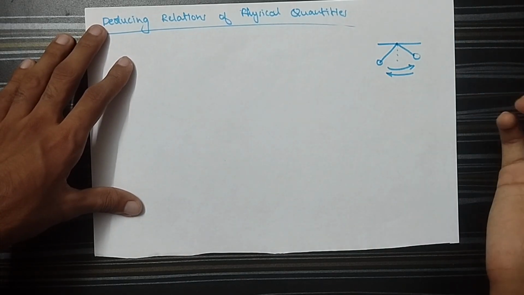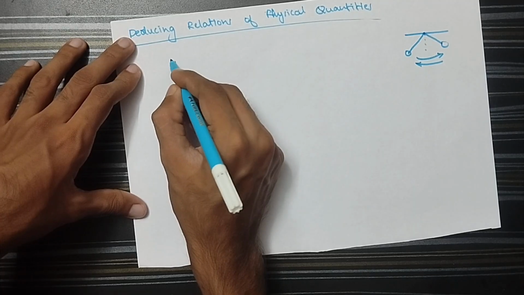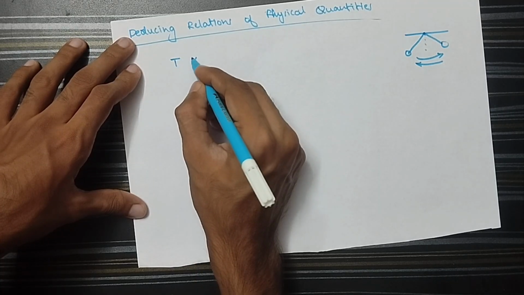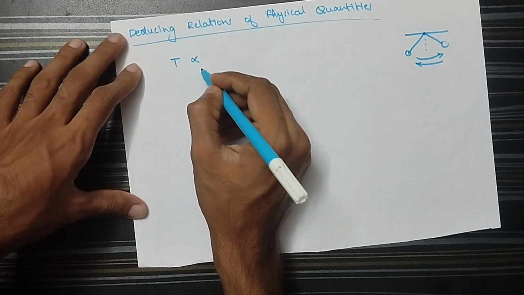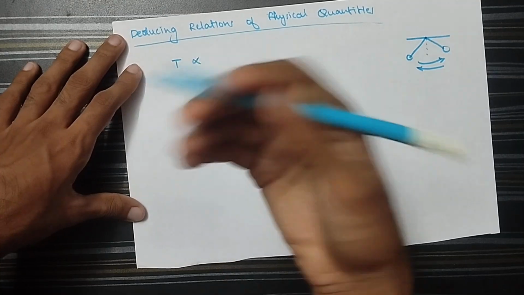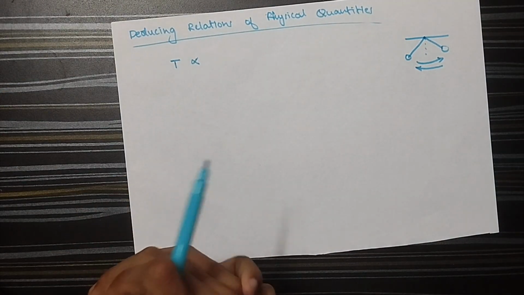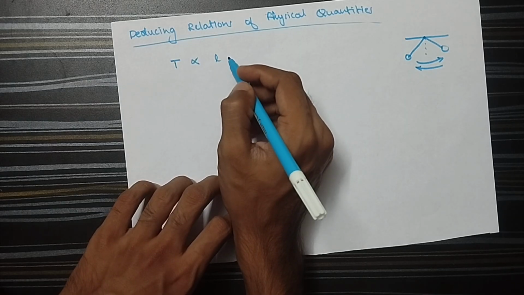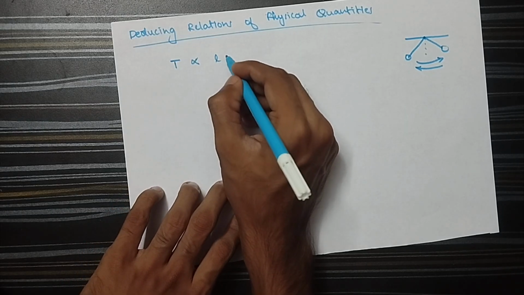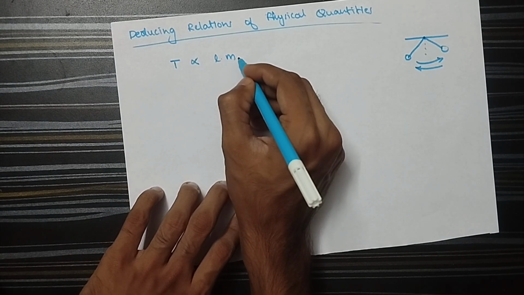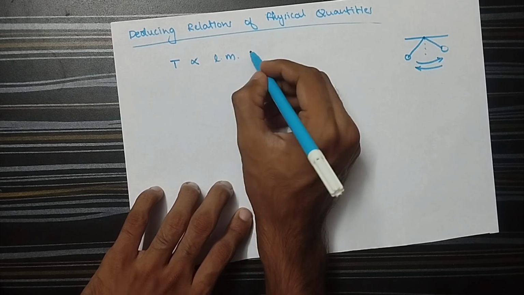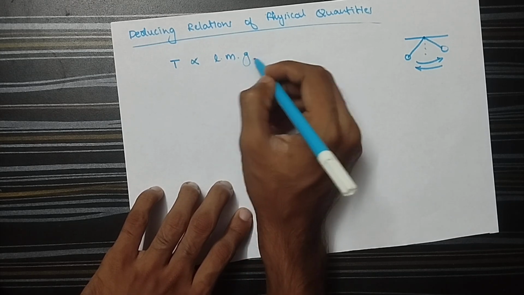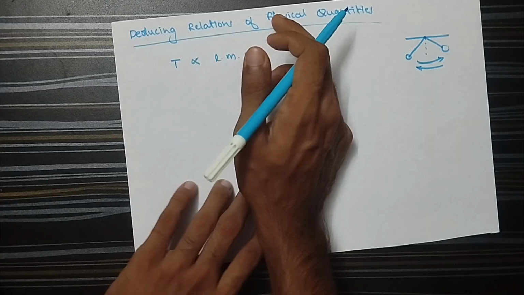So to find that, we are given time period capital T is dependent on, we write directly proportional to in mathematical form, the quantities: length of the string L, mass of the bob m, acceleration due to gravity, lowercase g.